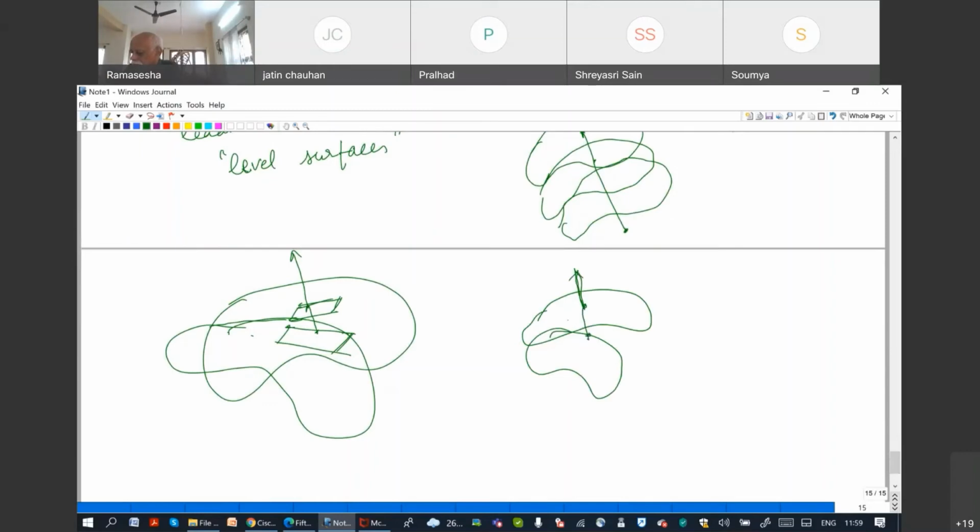The tangent plane here is like this, and the tangent plane here is like this. So the two tangent planes are different. So this vector grad f is not perpendicular to the tangent plane here because it's not a level surface. Is it clear?